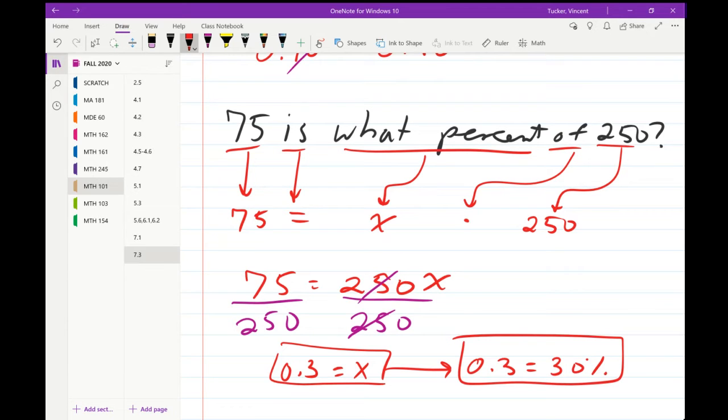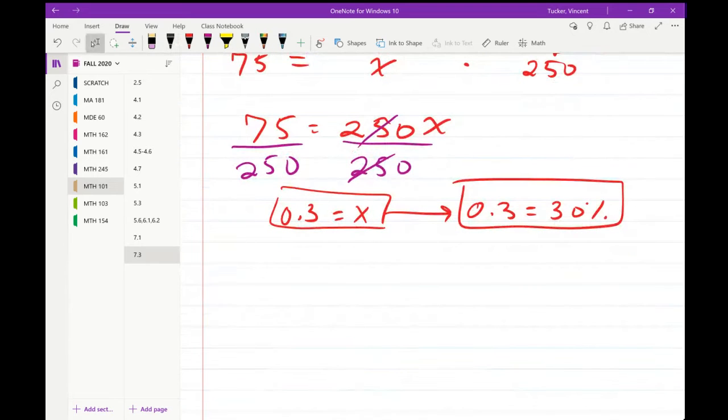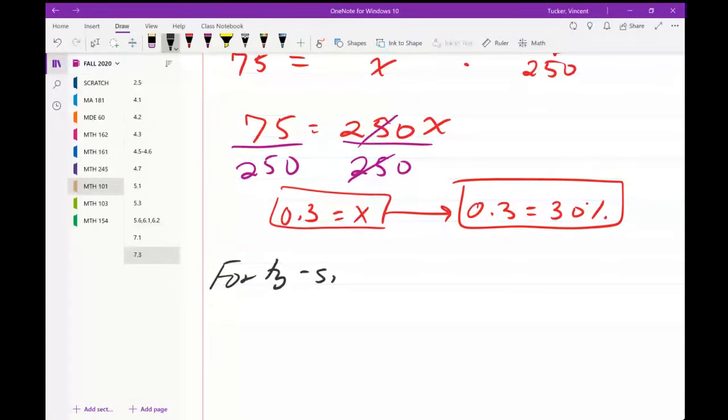All right. Any questions? It's always two decimal places, either to the right or left.